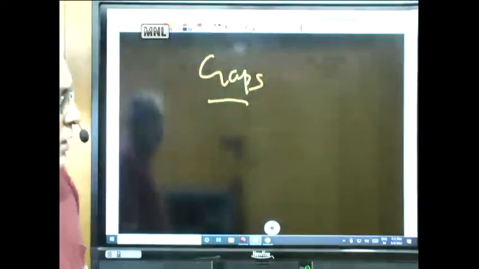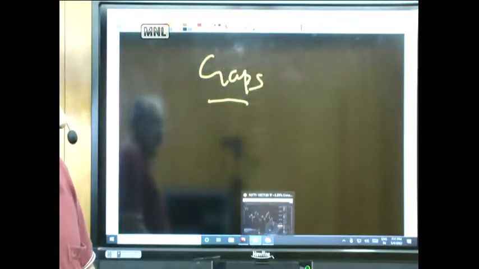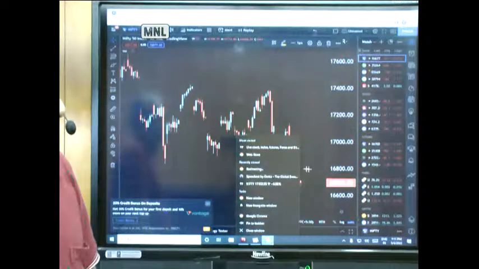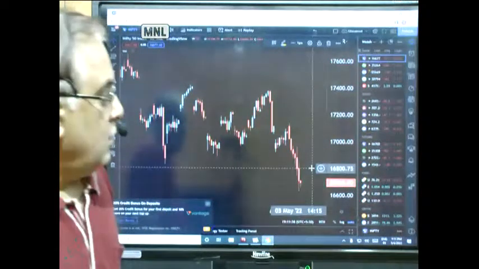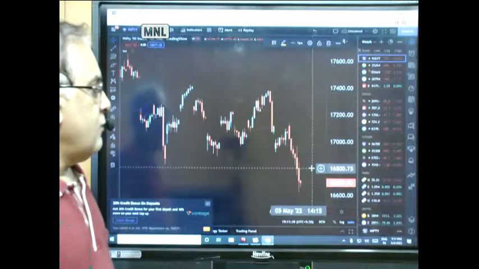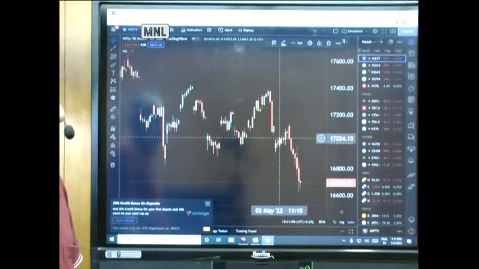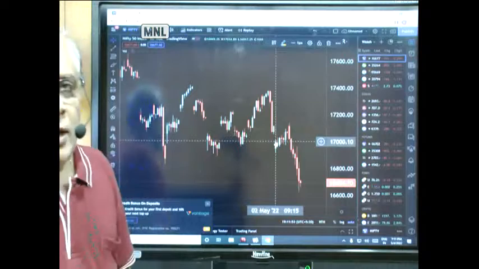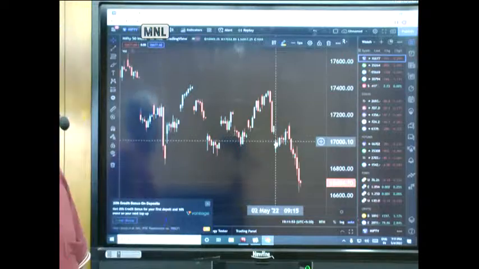So now let us look at the gaps as well as the bar charts for trading. This is a TradingView chart, and let us say the activity on Monday: you saw a clear gap down on that day, and after that it went up and closed the gap.